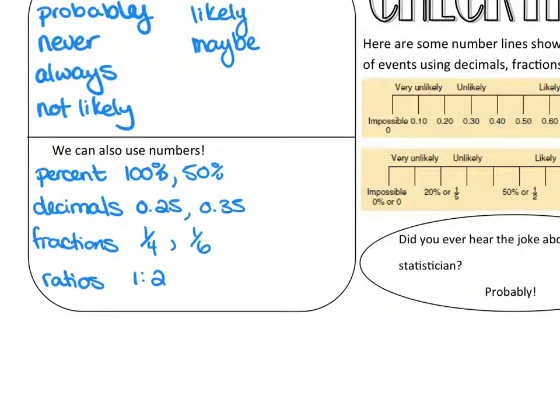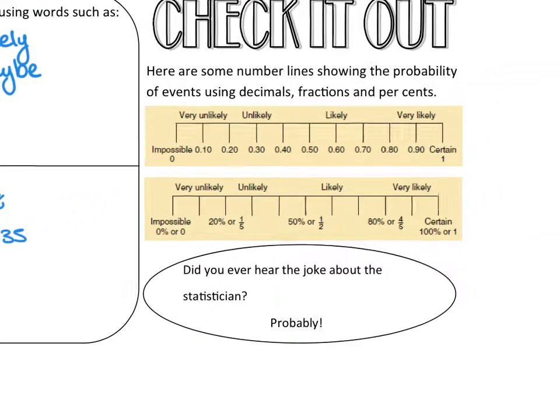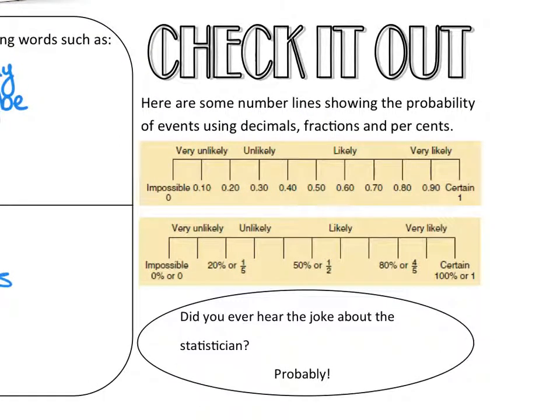Now, most probability lies between the numbers 0 and 1, so what they do is make number lines. You can see where 0 is absolutely impossible, like it's never going to happen. And you give it a 1 if you're absolutely certain that it's always going to happen. It's for sure going to happen. The rest of the time, the probability of the event will lie in between those numbers.